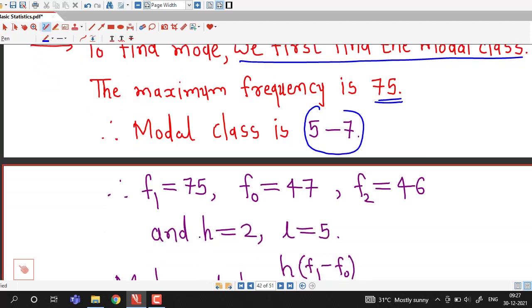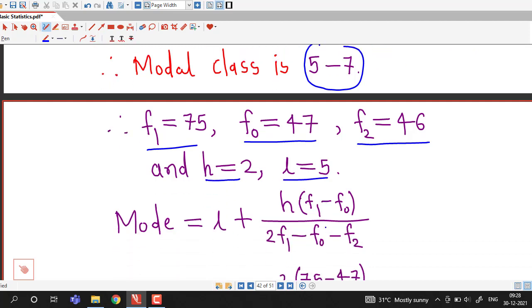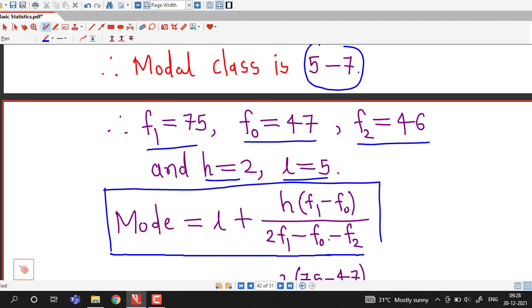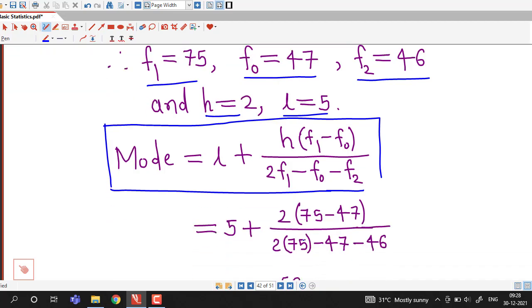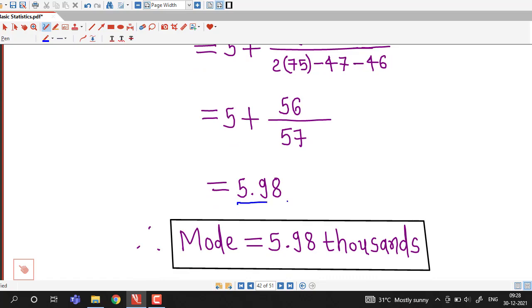This is the formula for mode. Mode is given by L plus H times (F1 minus F0) divided by (2F1 minus F0 minus F2). So by substituting all these values we obtain that mode is 5.98 thousandths.